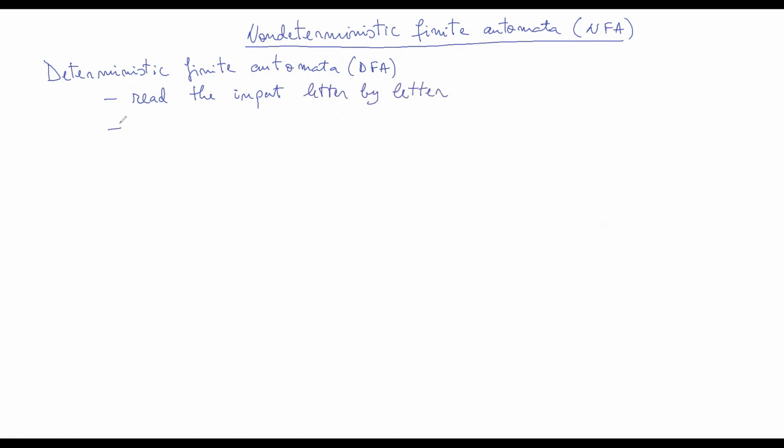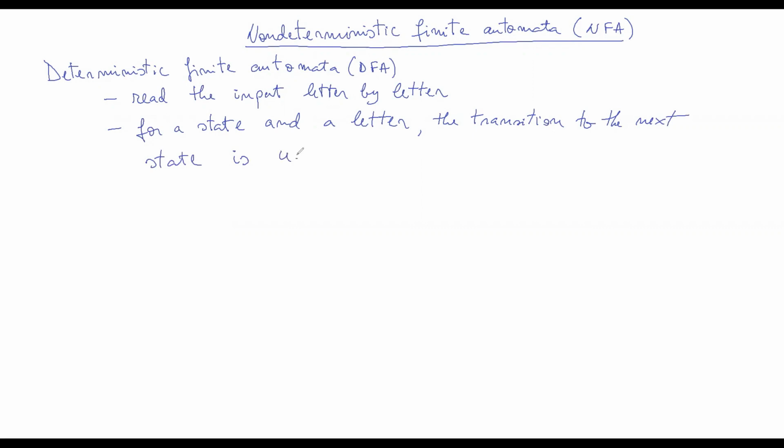And the other one is that for a state and a letter, the transition to the next state is unique, or we could also say that it's deterministic. And it's really these two points that non-deterministic finite automata are changing.